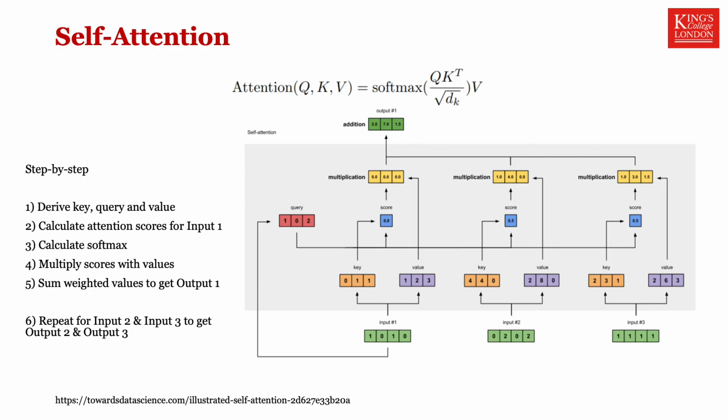Self-attention, as the name says, is a mechanism where, given a series of inputs, you want to learn to attend to different inputs to be able to make a prediction. Let's say your inputs are just words in a sentence, one after the other, or items in a sequence. It doesn't really matter. So you have input 1, input 2, and input 3.